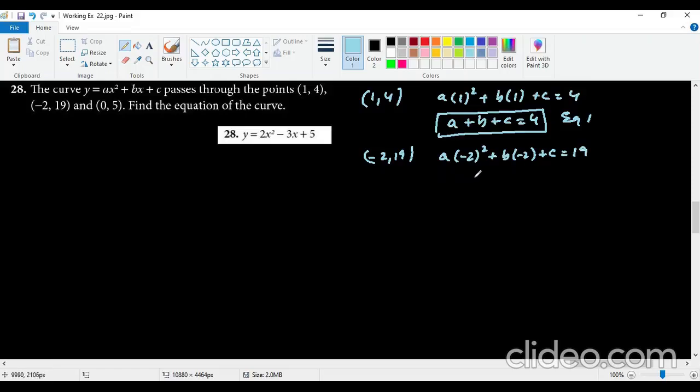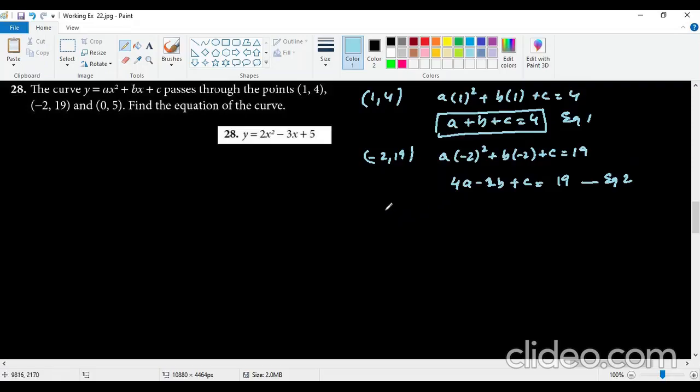And this is going to be 4a minus 2b plus c equals 19. This is going to be equation 2. Third one is going to be 5.